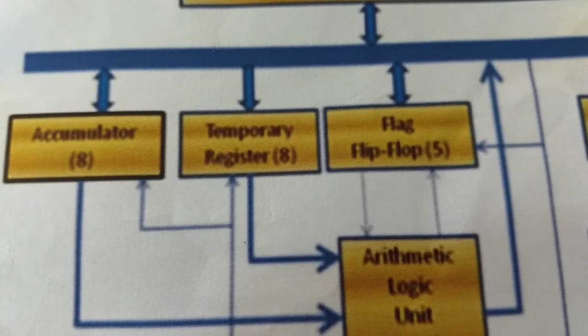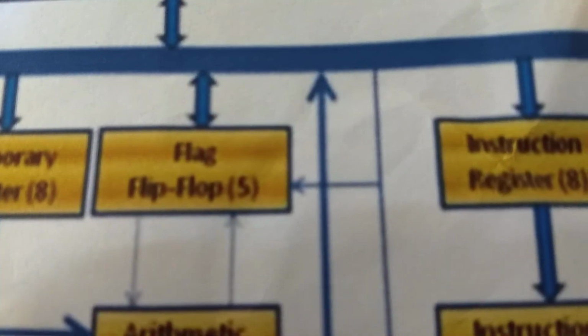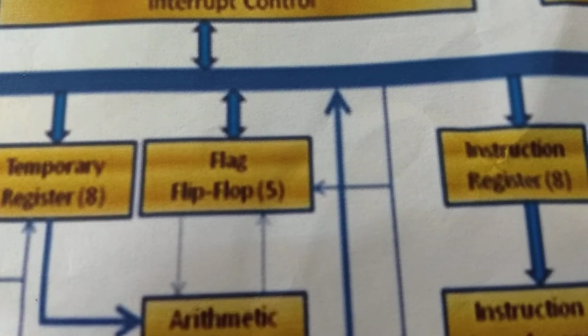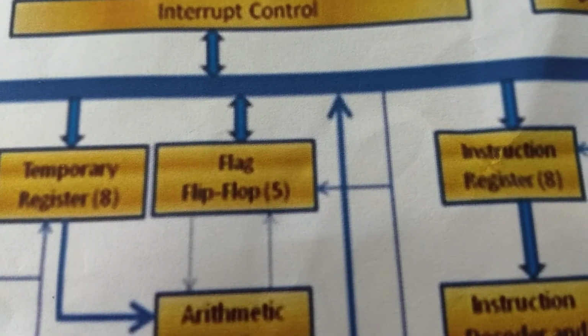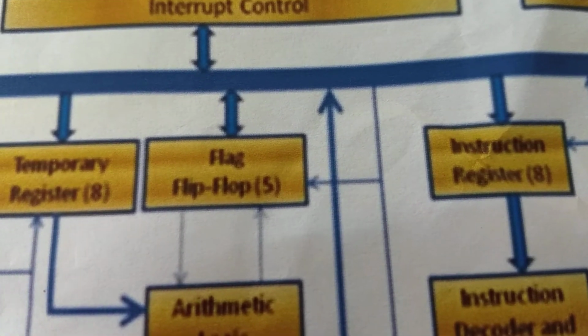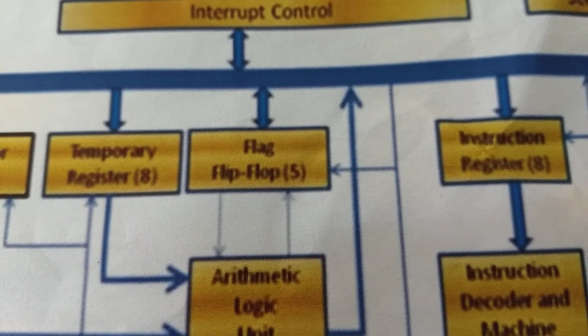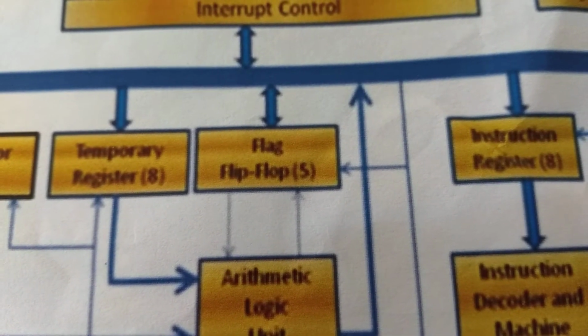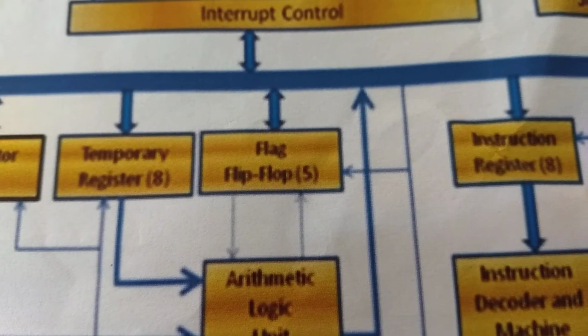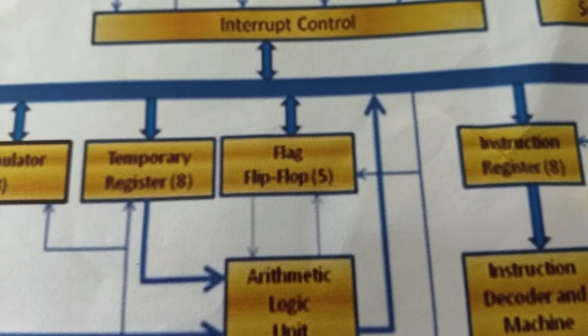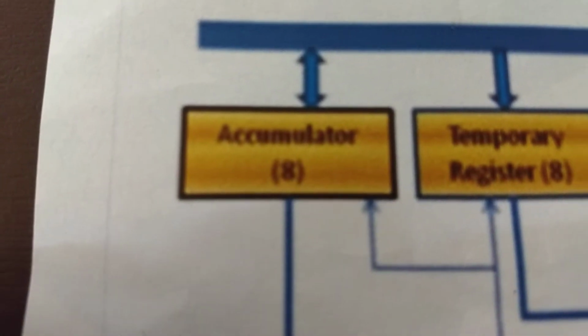Here we can see the next register, that is the flag register. As the name indicates, the flag is nothing but the status of the result. Suppose any operation instruction is given by the programmer to the microprocessor. After execution of the instruction, we will get a certain result in the accumulator register, but the status will be stored in the flag register.